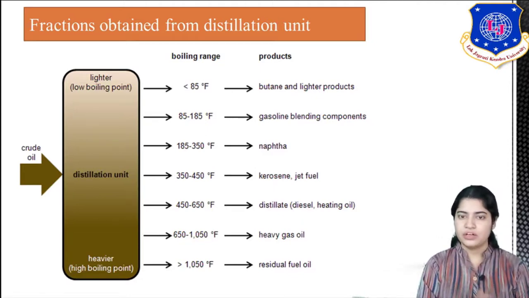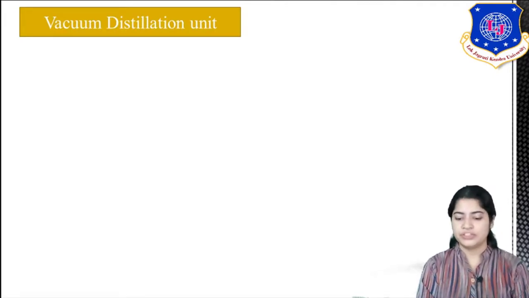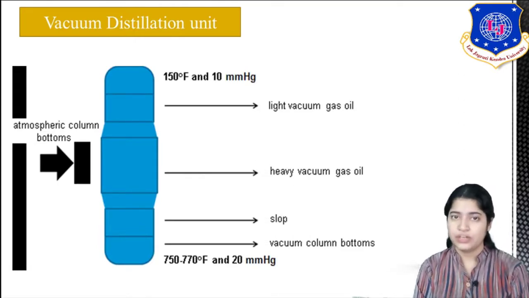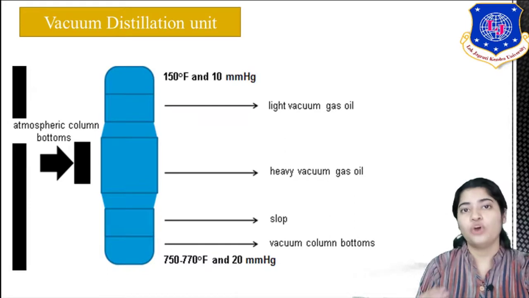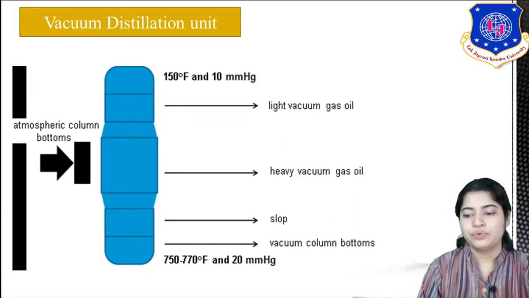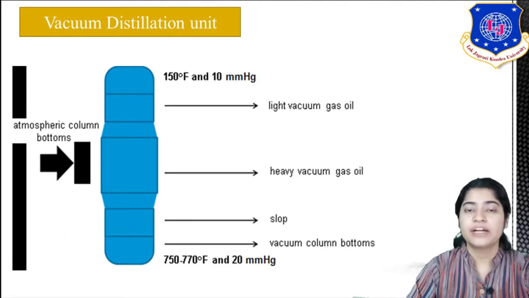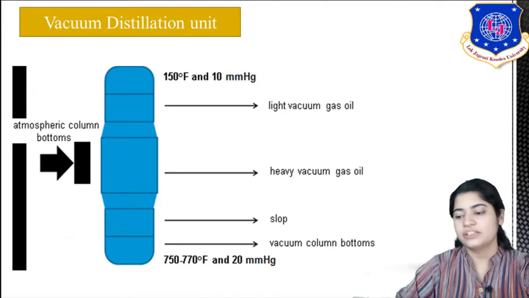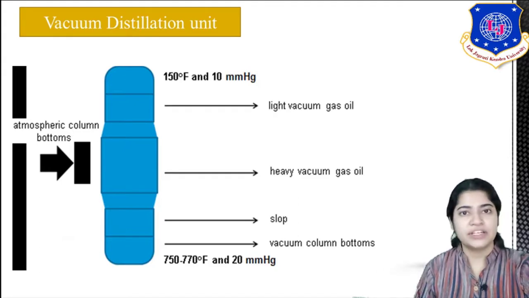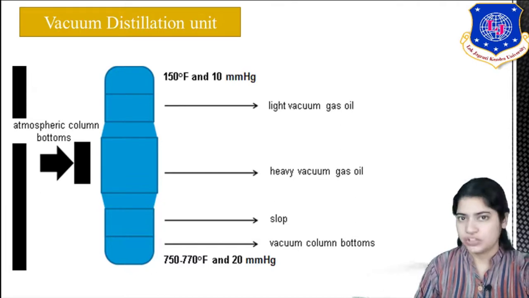So this was about your atmospheric distillation unit. Now let's move into the vacuum distillation unit. What is a vacuum distillation unit? As we saw, it operates below atmospheric pressure. The requirement of VDU is to enhance the separation from atmospheric column bottoms. The residue obtained from the atmospheric distillation unit can still be converted into certain fractions, but here you have to change the operating condition.